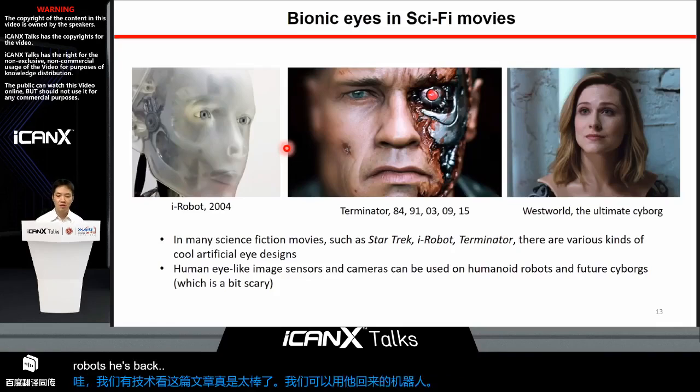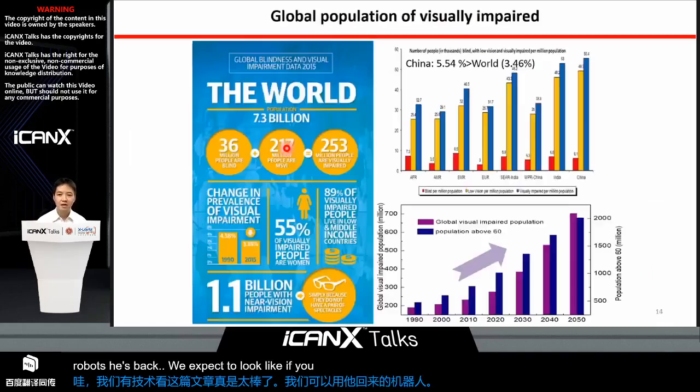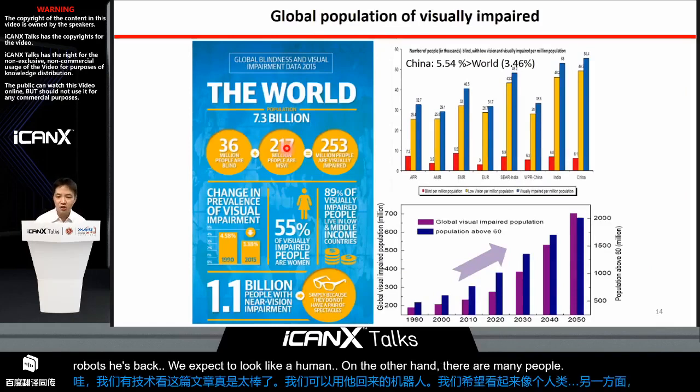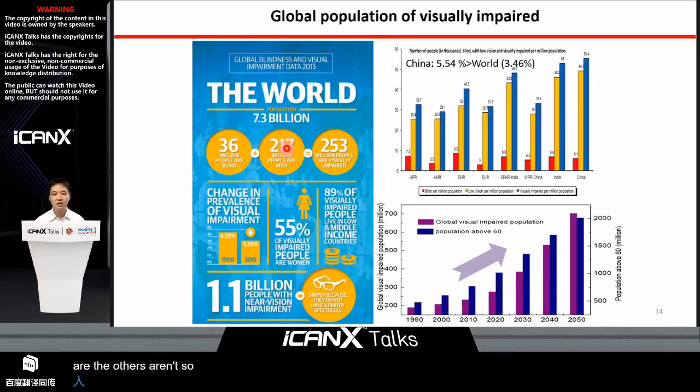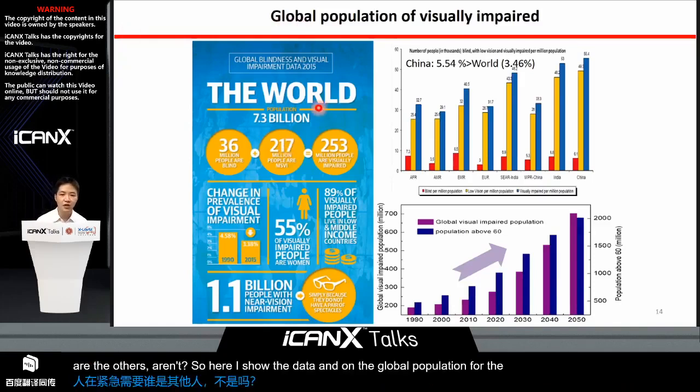We expect it to look like a human. On the other hand, there are many, many people in urgent need of artificial eyes. Here is the data of the global population of the visually impaired.